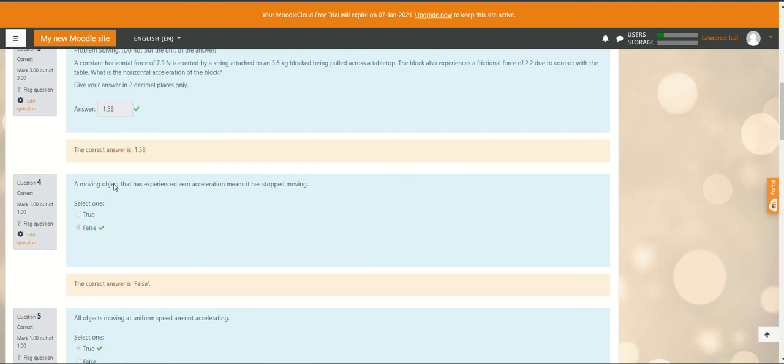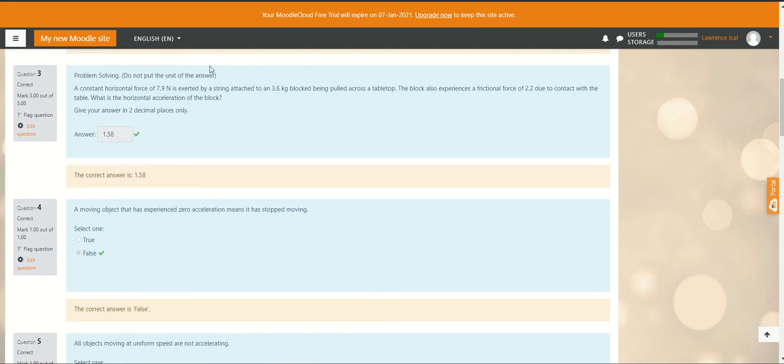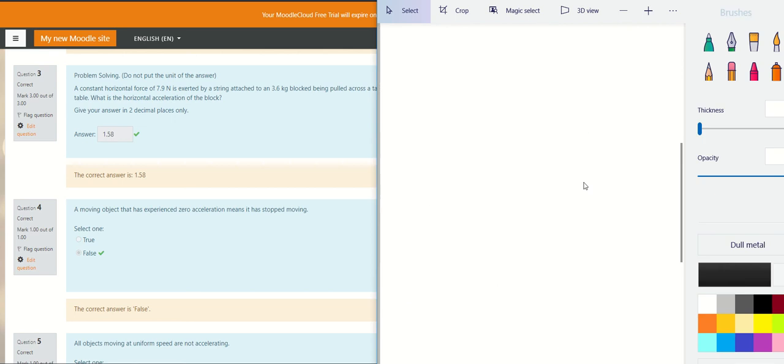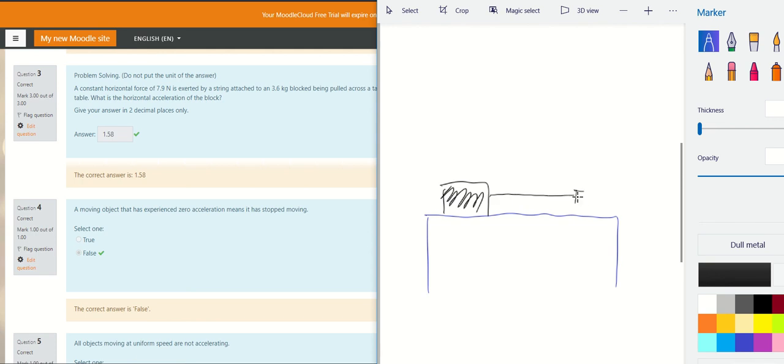Again, this is another problem solving. Constant force. Earlier it was on an incline; this one is not on an incline. There is a table and we have a block, and you are using a string to pull it in this direction.